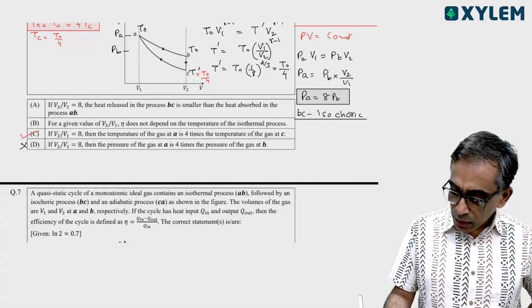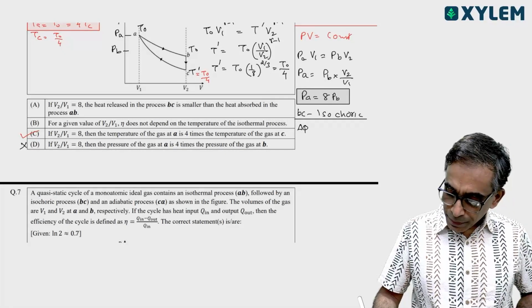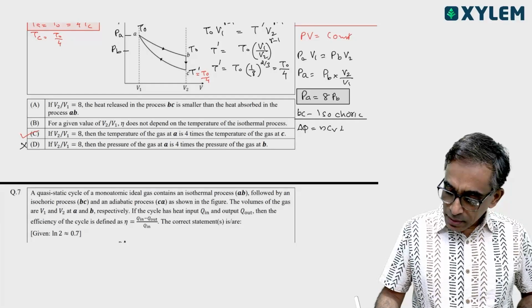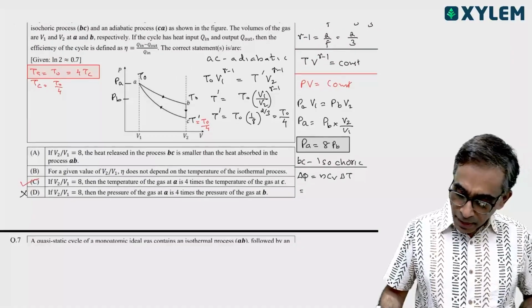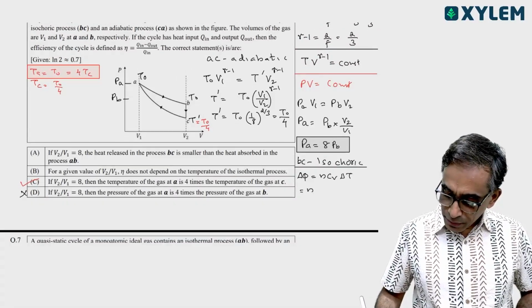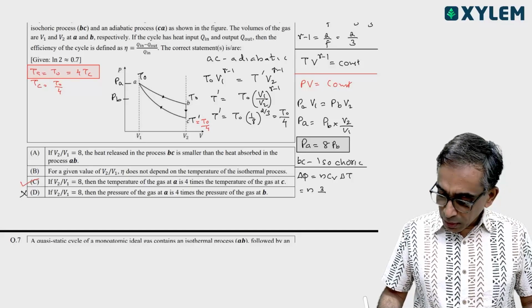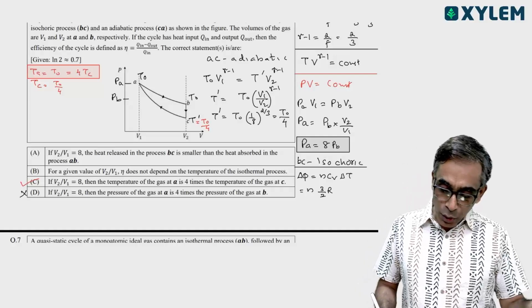In isochoric, heat released delta Q is equal to n CV delta T. n not mentioned, so let's write it as n itself. CV is monoatomic, CV 3 by 2 R into delta T. It said B to C process.